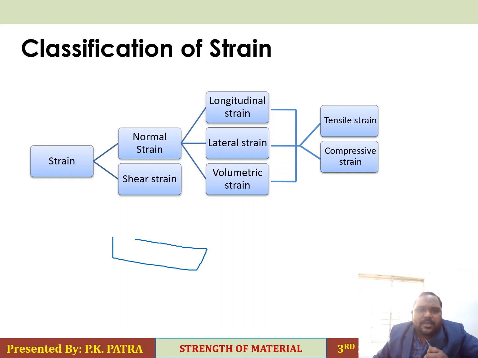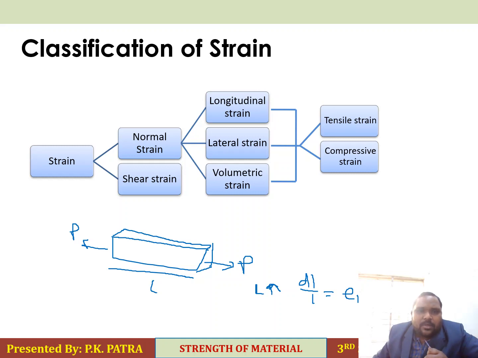Suppose a material is there and you are applying load like this, and this one is the material section. So this one is the length of the material. When you are applying the force like this, its length will increase. So its length will increase like this. Okay. So you can find out the change in length for original length. This one will be the longitudinal strain.